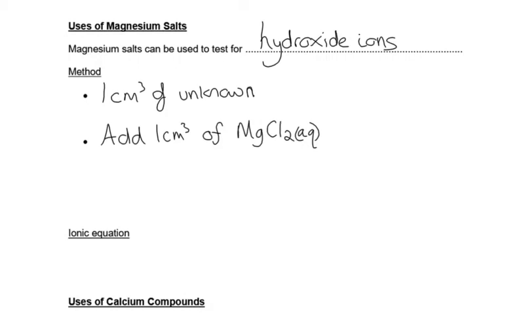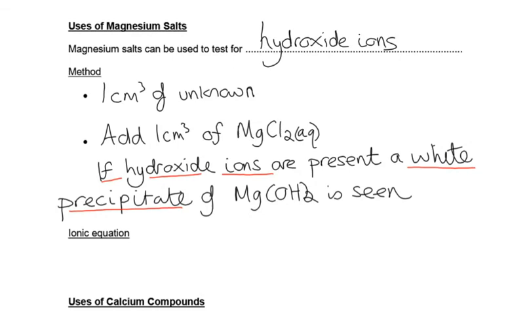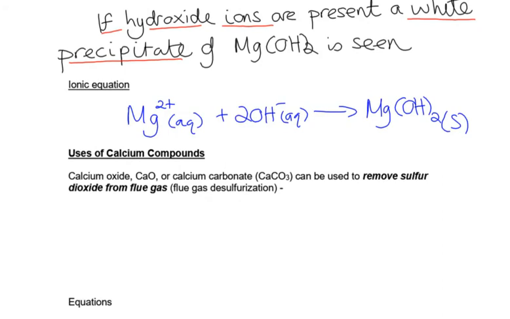If hydroxide ions were present, the magnesium hydroxide that is made would be insoluble, therefore you'd see a white precipitate of that material. And there I've written the ionic equation, which you've seen before. You're taking your Mg2+ aqueous ions plus your hydroxide ions and making Mg(OH)2, your magnesium hydroxide, which is insoluble, therefore a white precipitate.